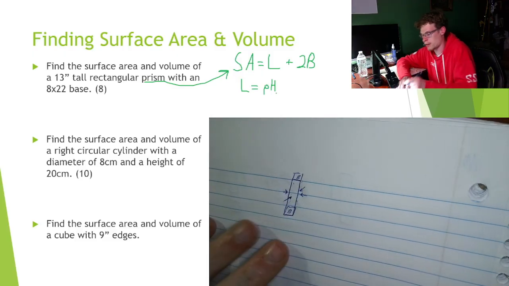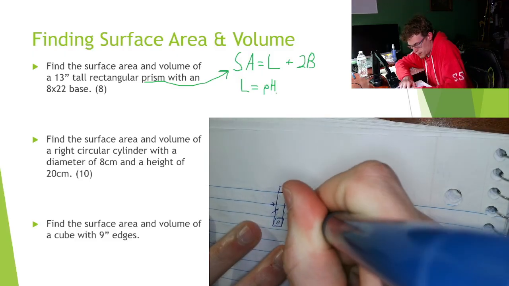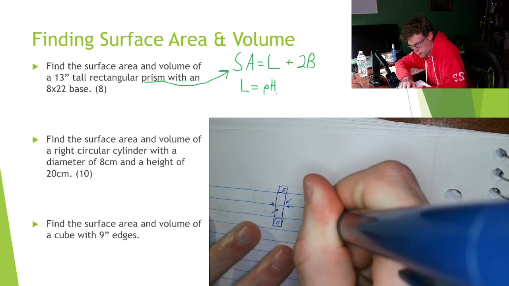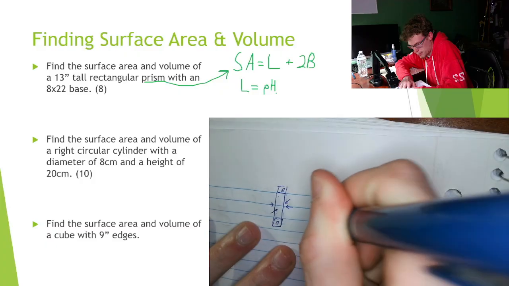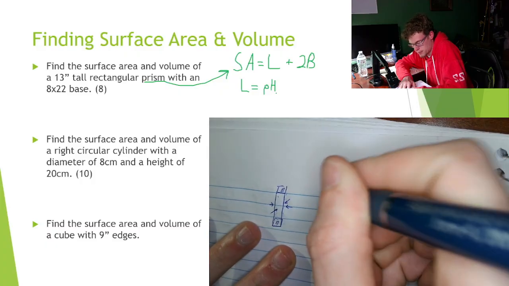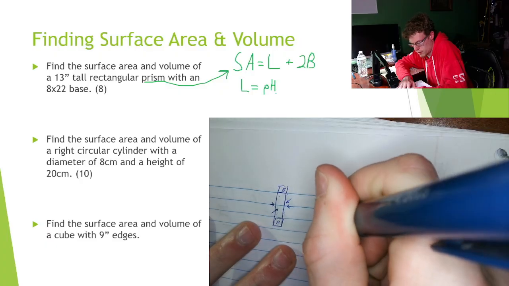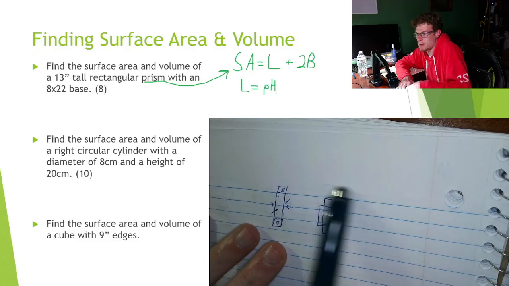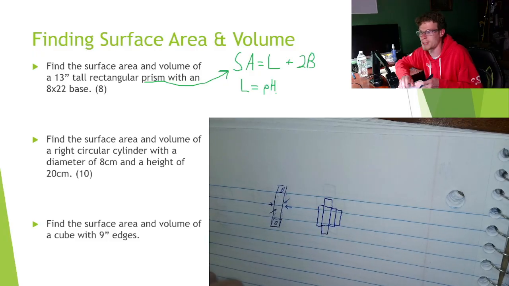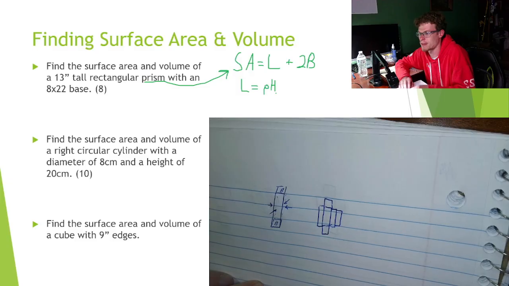Or you could draw it out into a net. So let's try that. What's the net of a rectangular prism look like? Again, you have rectangles. And your base, which is likely either a rectangle or a square. Now, again, keep in mind that the net I'm drawing here is not to scale, okay, based on the dimensions that are given in the problem.